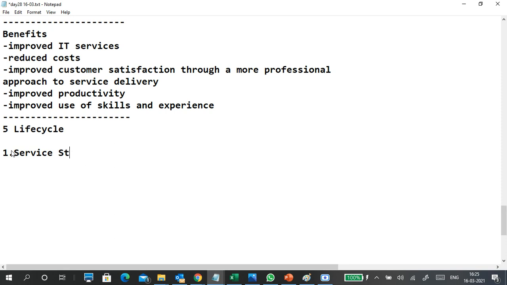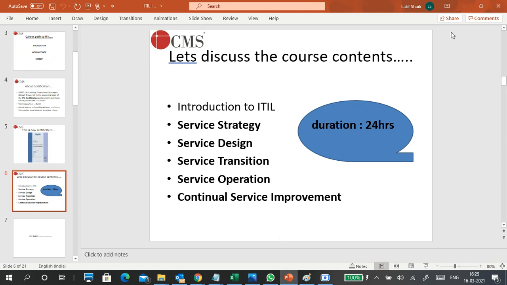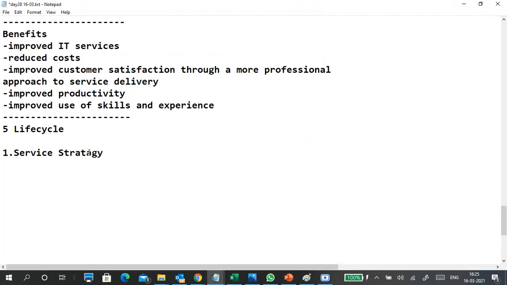First is service strategy. Next one is service design.